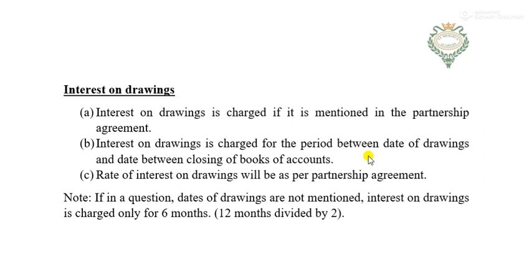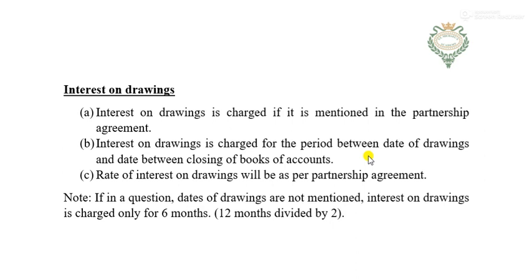Each person withdraws money according to their needs. We had learned that interest on drawings is to be calculated for the number of months for which the drawings was taken. Suppose the drawings was taken in April, then the interest will be calculated for 9 months from April to December.